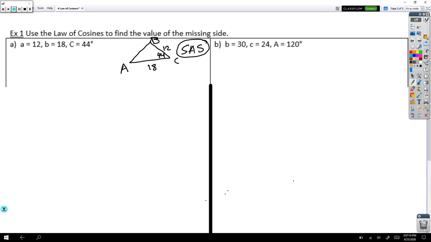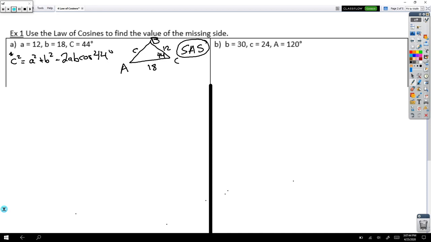Alright, so SAS, we're going to use law of cosines, and it's asking us to find the missing side. So the missing side would be C. So I want to use the formula that's C squared equals. So that would be this. C squared equals A squared plus B squared minus 2AB cosine of 44 degrees.